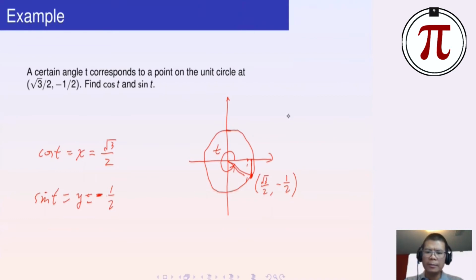In the other way around, if a certain angle t equals pi over 3, so pi over 3 or what? 60 degrees.